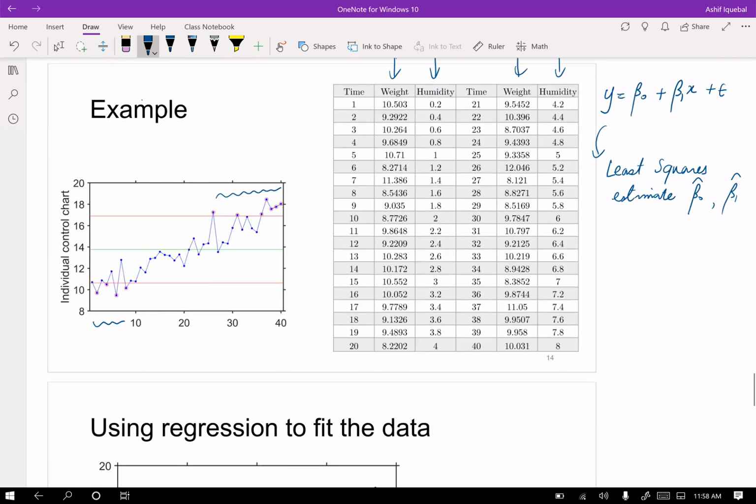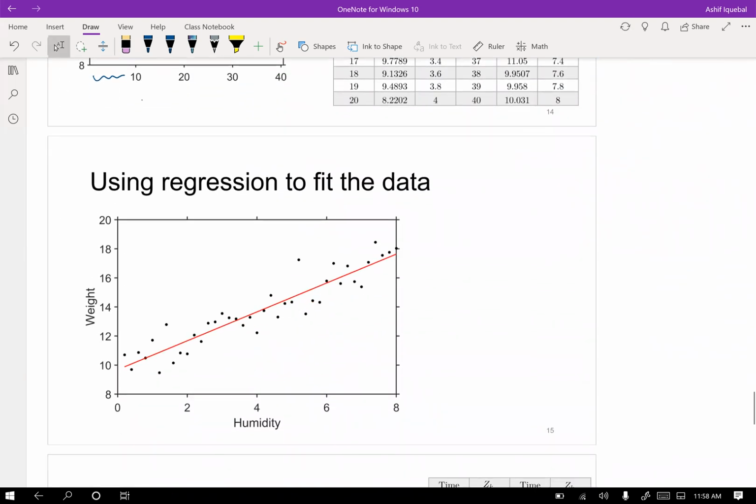So I used least squares and did regression. Upon regression, I found that Y was equal to 9.6827 plus 0.1989 times X. This is our regression model.